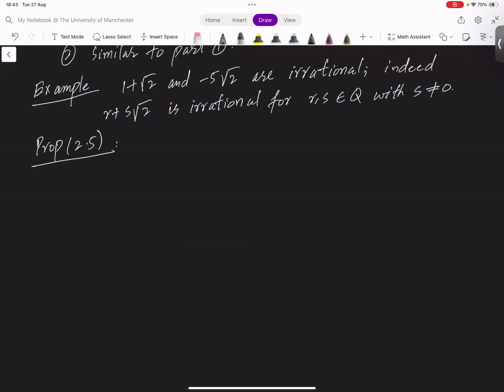That proposition shows that between any two real numbers, there is an irrational.